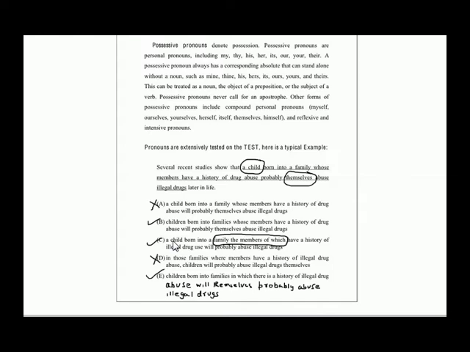So let's cross out C and look at E now. So again, B says children born into families whose members have a history of drug abuse will probably themselves abuse illegal drugs. E says children born into families in which there is a history of illegal drug abuse will themselves probably abuse illegal drugs.